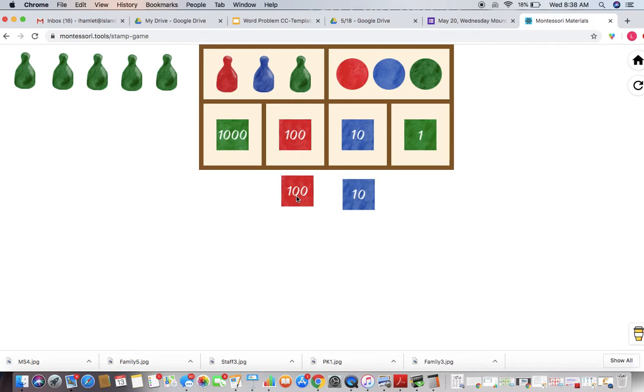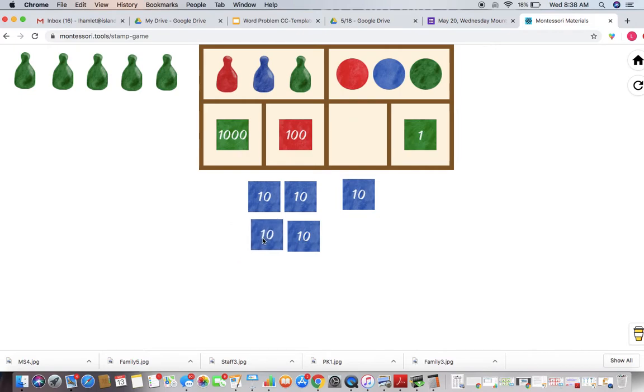So the first thing I'm going to have to do is make an exchange. So I'm going to put my 100 back in exchange for 10 tens. 1, 2, 3, 4, 5, 6, 7, 8, 9, 10.